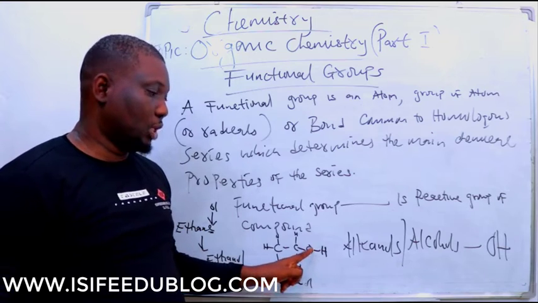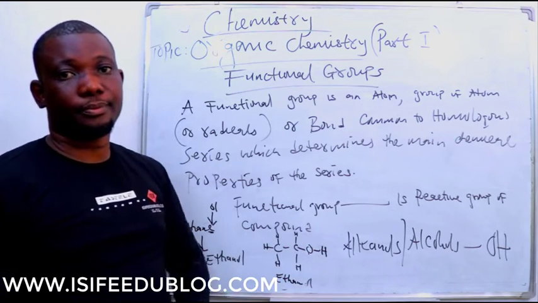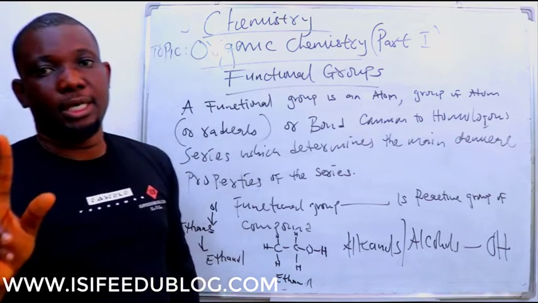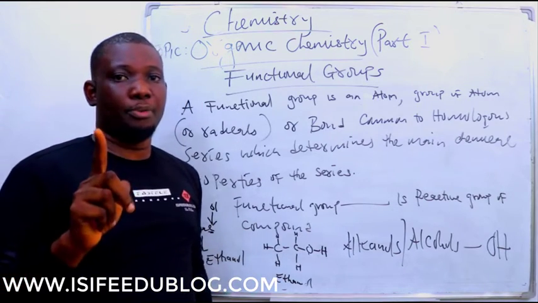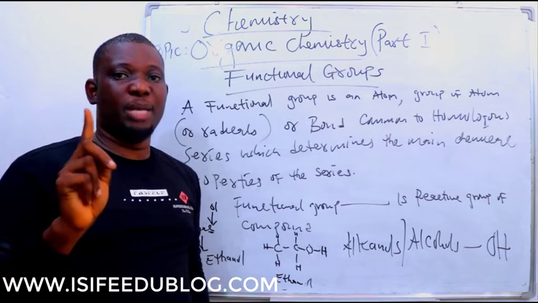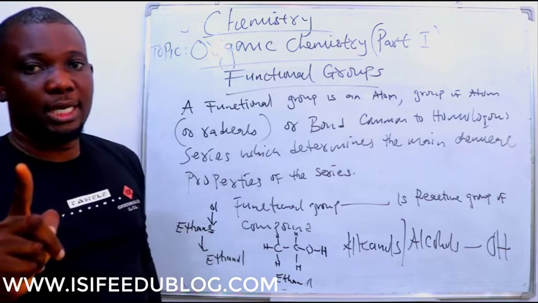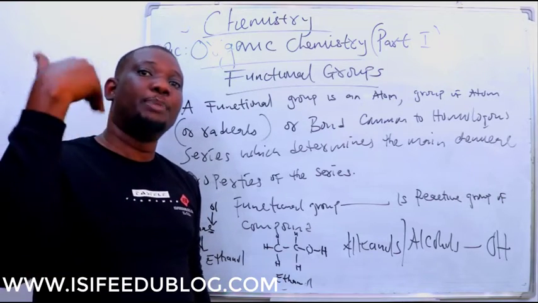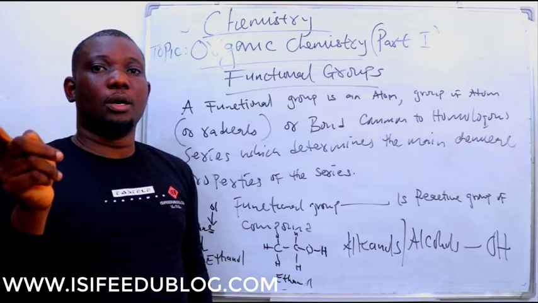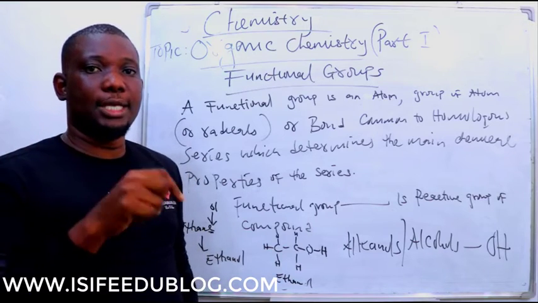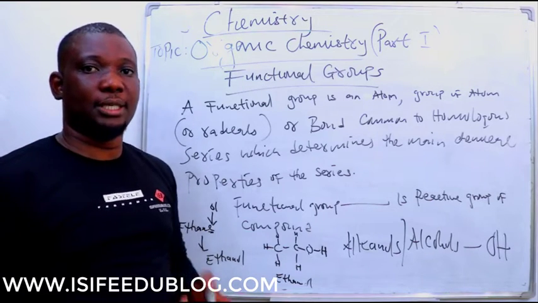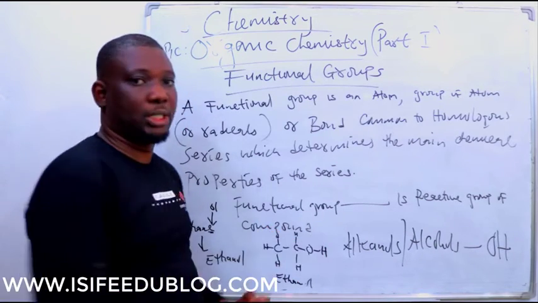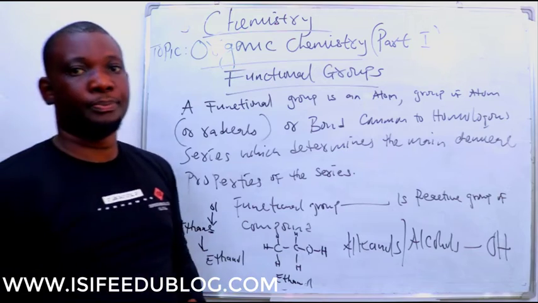It is due to the presence of OH. I just mentioned two physical properties: one is solubility, one is the boiling point. If you compare the boiling point of ethane with that of ethanol, ethanol tends to have a higher boiling point than ethane because in ethanol there is a hydrogen bond. And where is that hydrogen bond? It exists in that OH functionality or functional group.